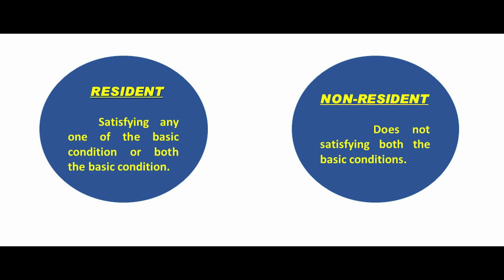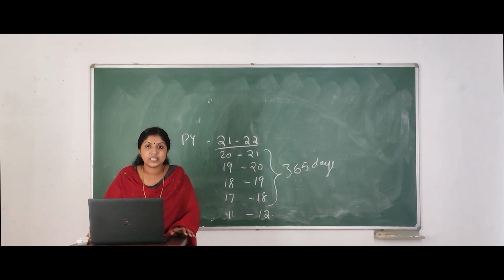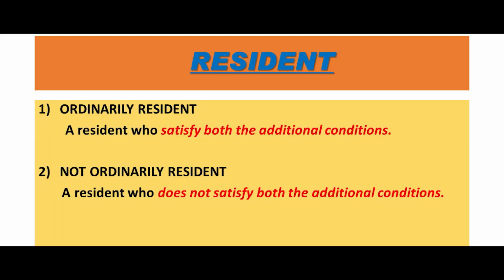Then the additional conditions. If a resident satisfies both the additional conditions, we can say he is a resident and ordinarily resident. In the other case, if a resident does not satisfy one or both of the additional conditions, we can say he is a resident but not ordinarily resident.